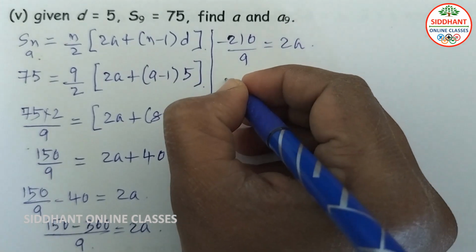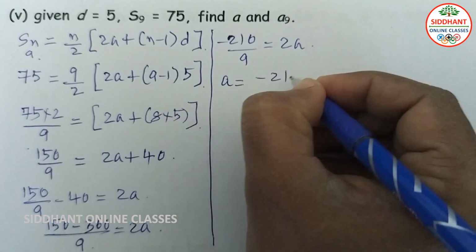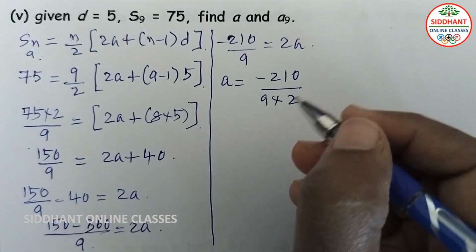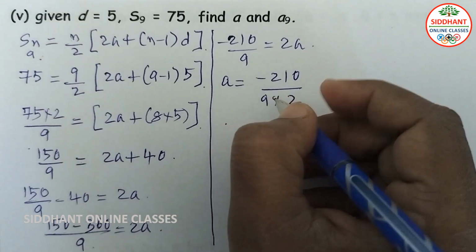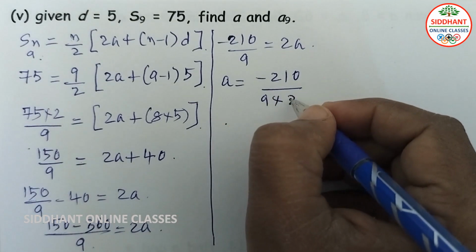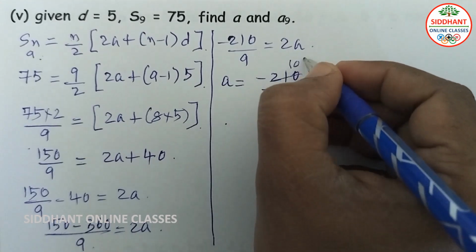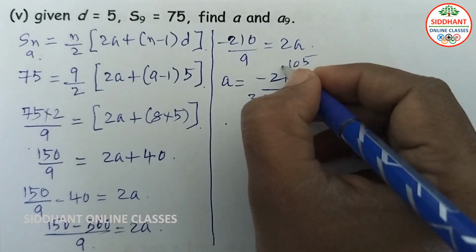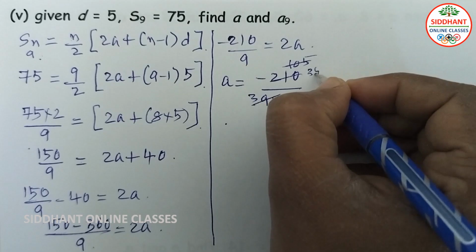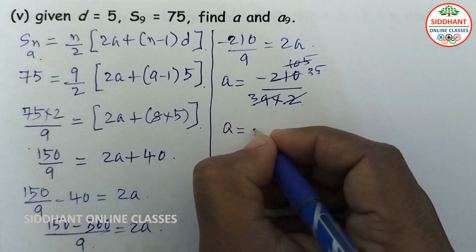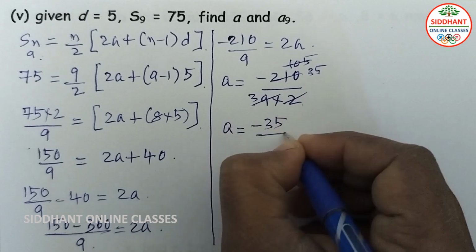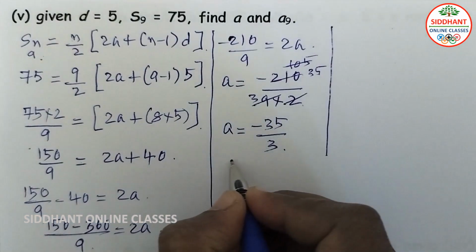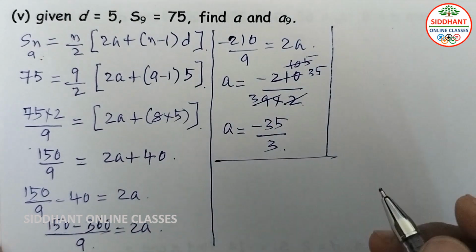So now the a value equals minus 210 by 9 into 2. Here, 2 into 105, and 3 into 3 into 35. So the a value will be minus 35 by 3 here.